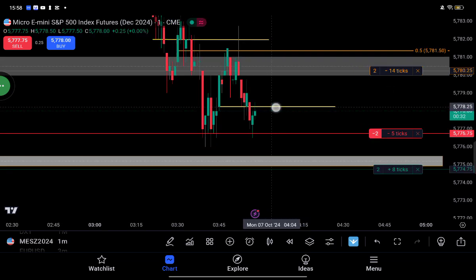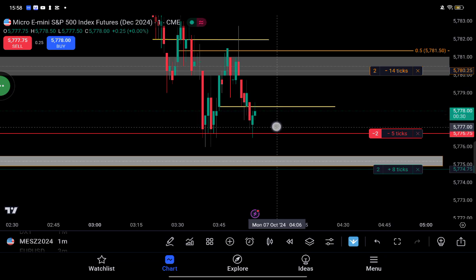So right here you can see I went short in the volume balance, but I got filled down here.